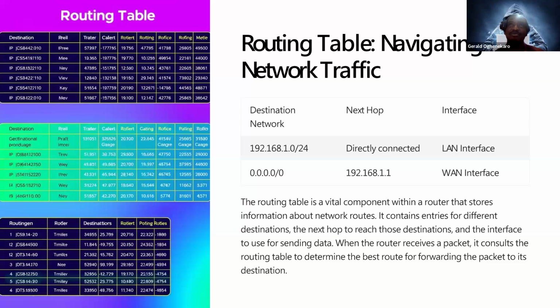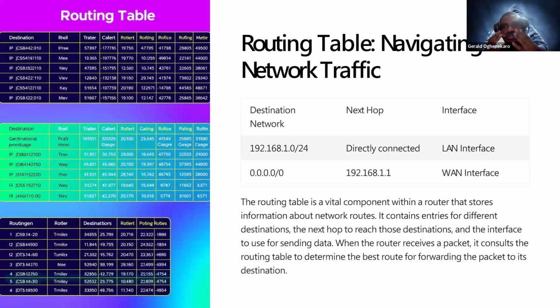Also, very importantly, the routing table. I like to describe this like Google Maps or Google Assistant, right? Not just a map, but an assistant. It helps the traffic determine the fastest route to get to its destination and back to the source, right? The components of a routing table are the destination network, the next hop, and the interface. Without confusing you too much, just think of it like your Google Map.